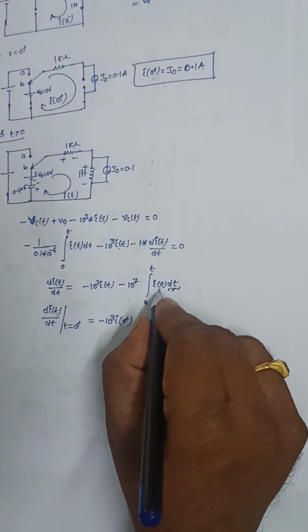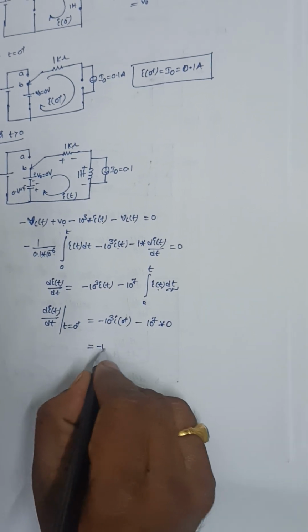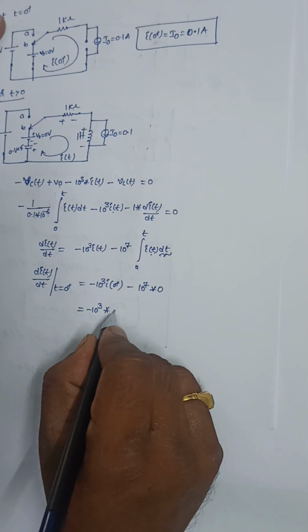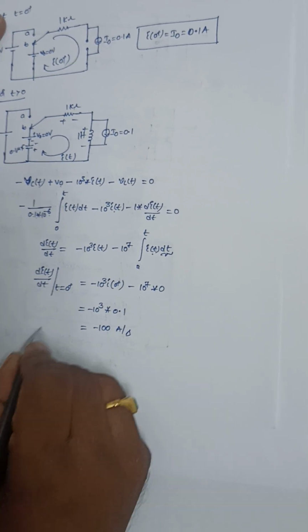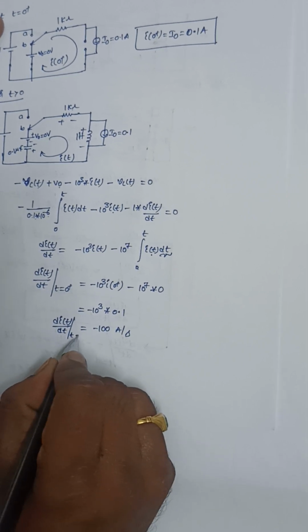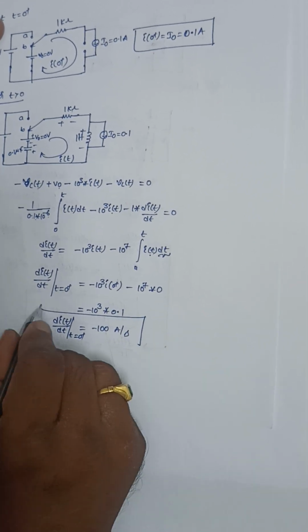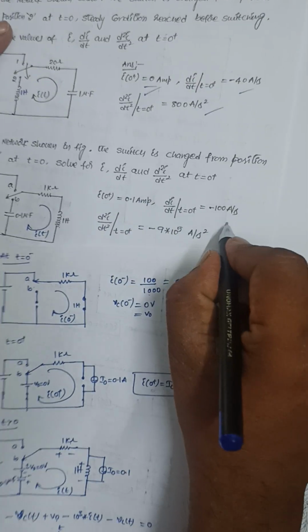So 0 into something is 0, so this total term becomes 0. So it is minus 10 power 3 into I of 0 plus, and I of 0 plus is 0.1 ampere, so it is minus 100 ampere per second. That is di of t by dt at t is equal to 0 plus.